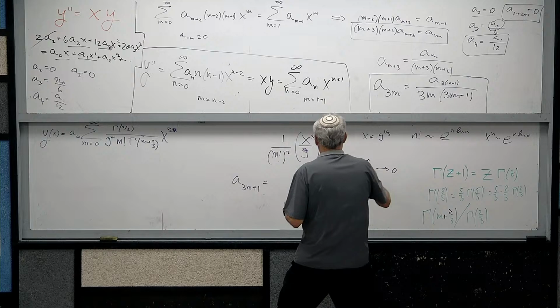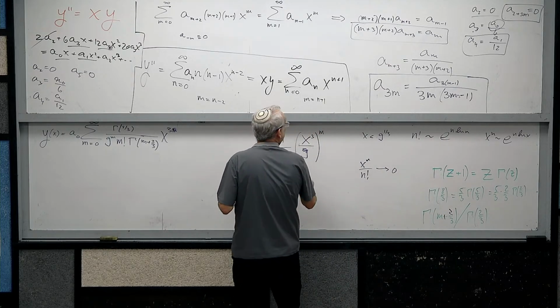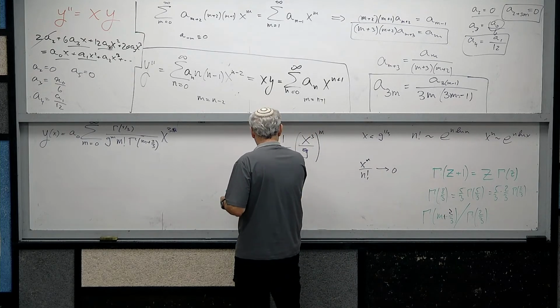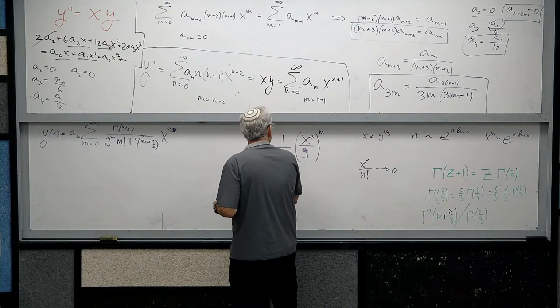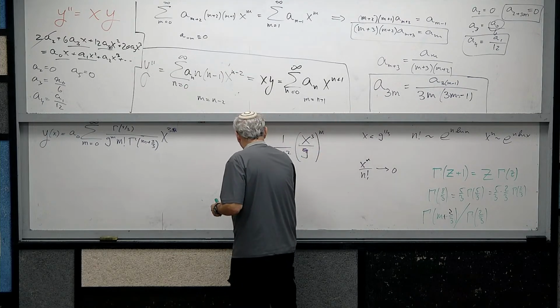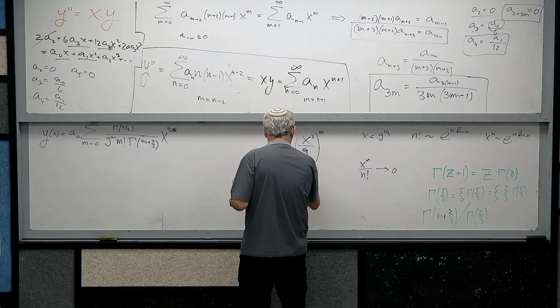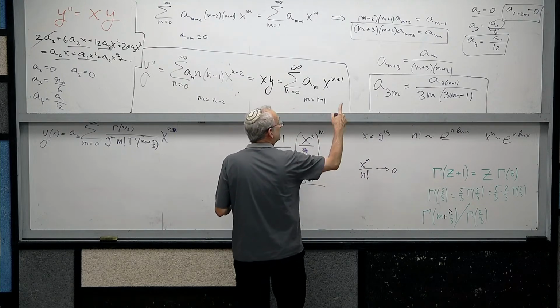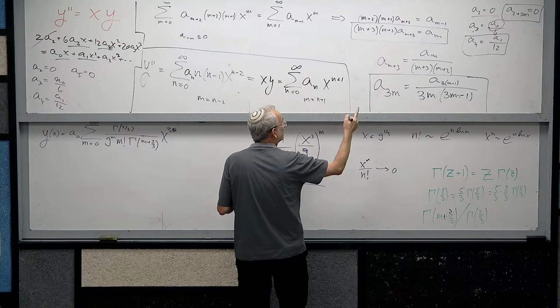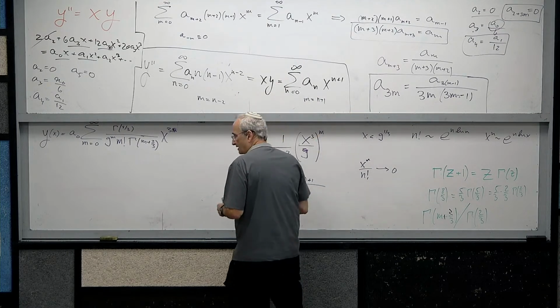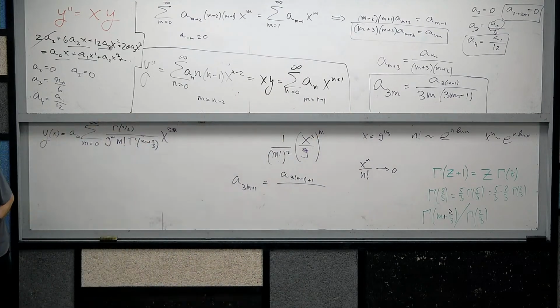It satisfies A3m plus 1 equals A3m minus 1 plus 1, divided by something like 3m times 3m plus 1.